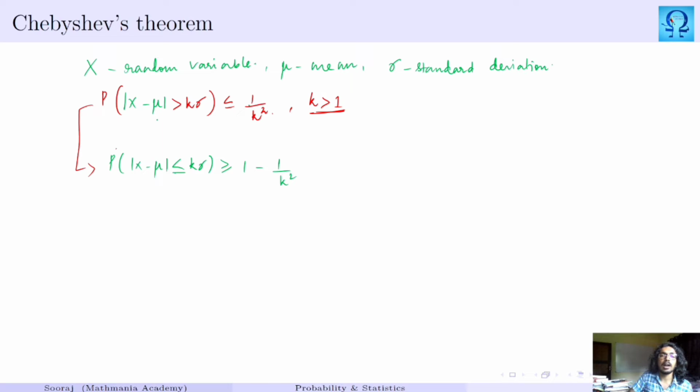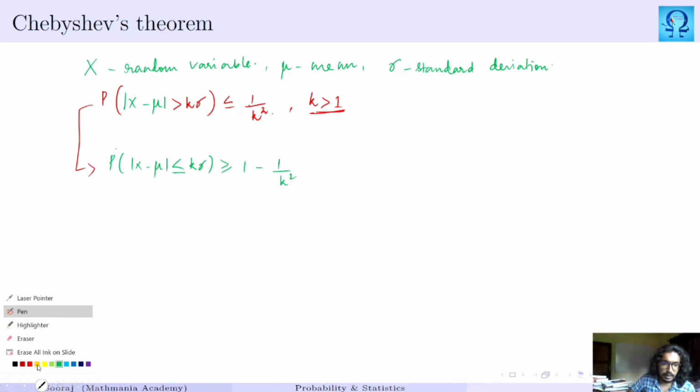Whatever is not covered in this is covered in the second statement. Since the first is smaller than or equal, here it is greater than or equal, and the remaining thing comes here. These are the two different versions of Chebyshev's theorem. Mostly the first is Chebyshev's theorem and the second is the consequence of it.